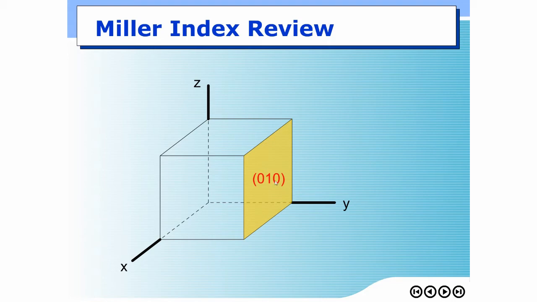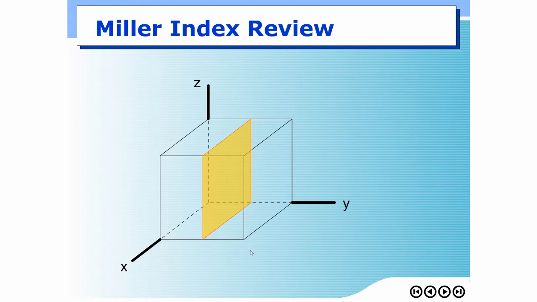So you can imagine if you have a different set of numbers, the plane represented by these numbers would change. Like this plane, the intersections at x and z are still at infinity, so the reciprocal gives you 0. On the other hand, on the y-axis, the intersection is only at half, so the reciprocal of half is 2.